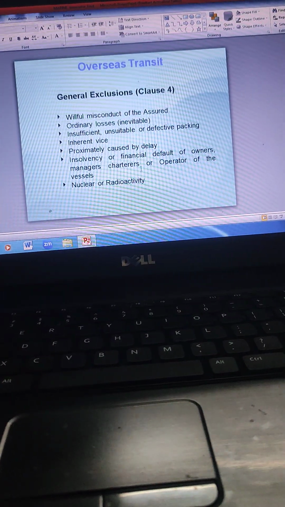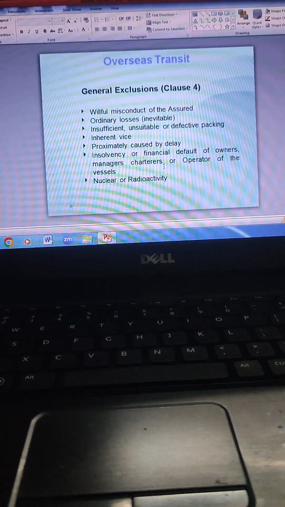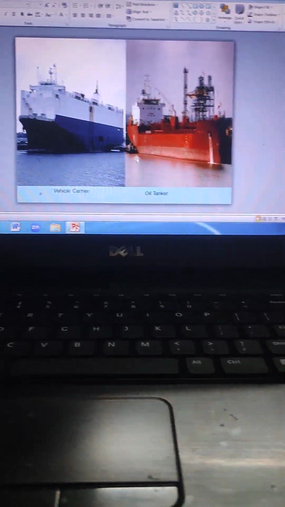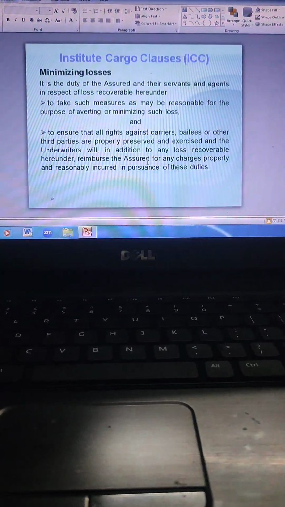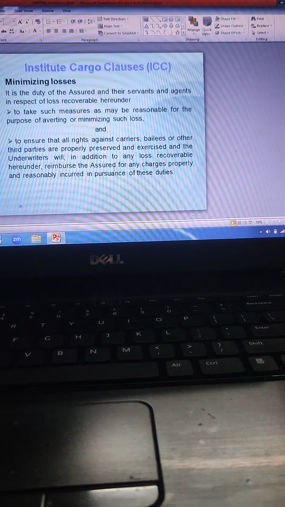Now overseas transit, general exclusions are there, and these are the vehicle carrier and oil tankers used for transportation of goods. Then comes the institute cargo clauses, minimizing losses.